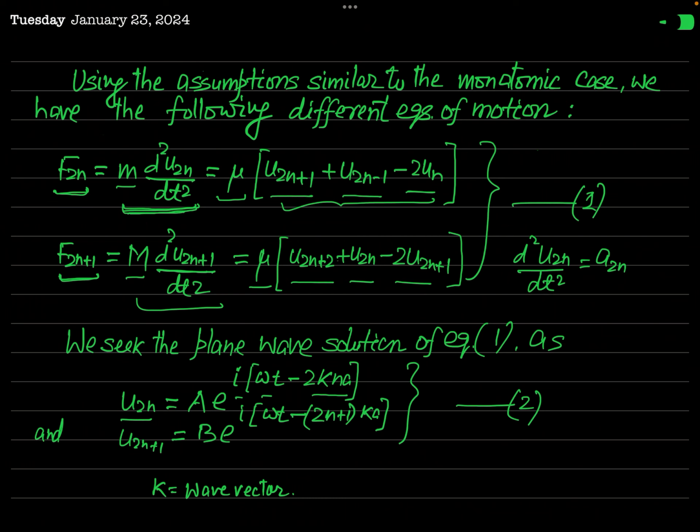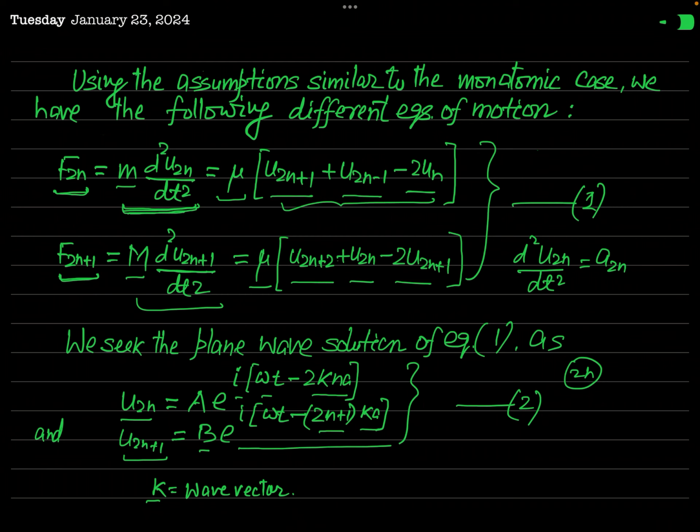Actually, here in place of n we have to write 2n. This is just the plane wave. Similarly, u2n plus 1 will be given by b times e to the power i(omega t minus (2n plus 1)ka). You know this k is the wave vector of a particular mode of vibration.